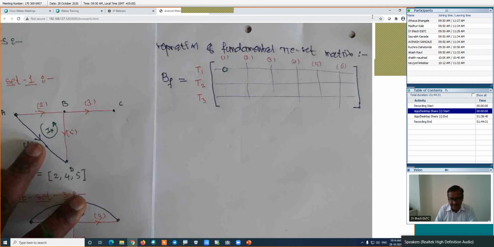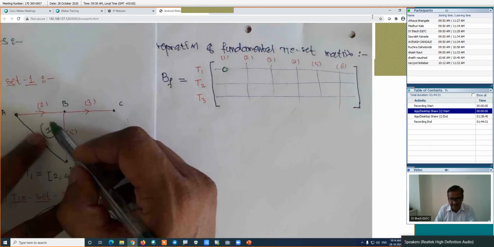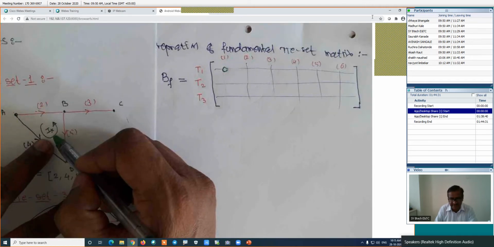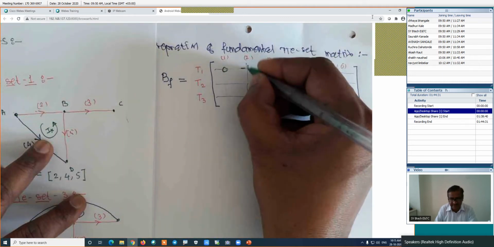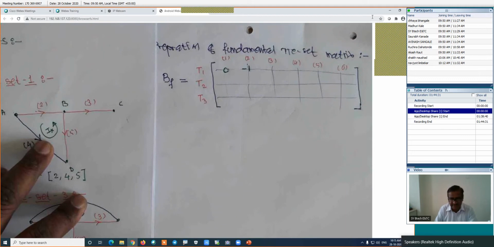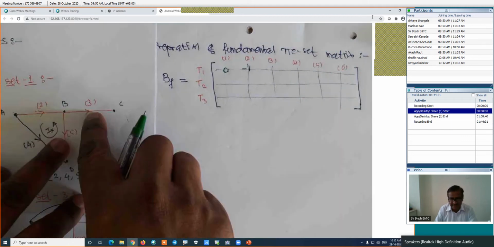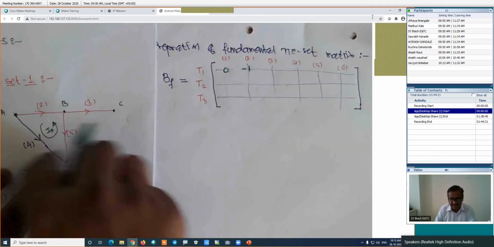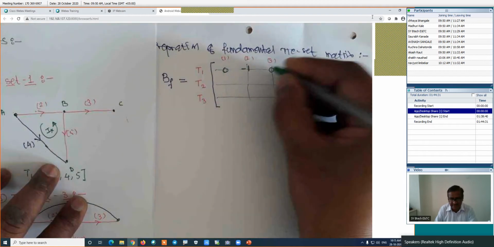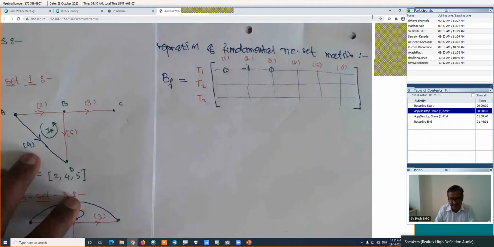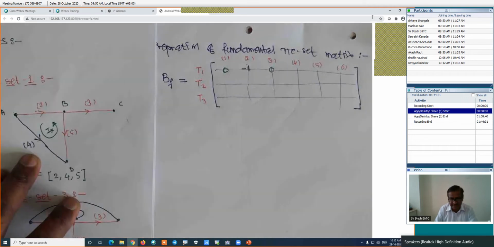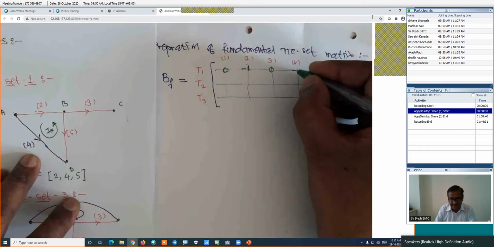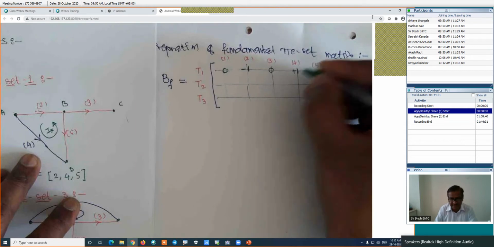Branch number 2: its direction is opposite to this direction, because it is forward and this is backward. That's why its entry will be -1. Branch number 3 is not part of this Triset, so its entry will be 0. Branch number 4 has the same direction as this loop current, or Triset current, so its entry will be +1.